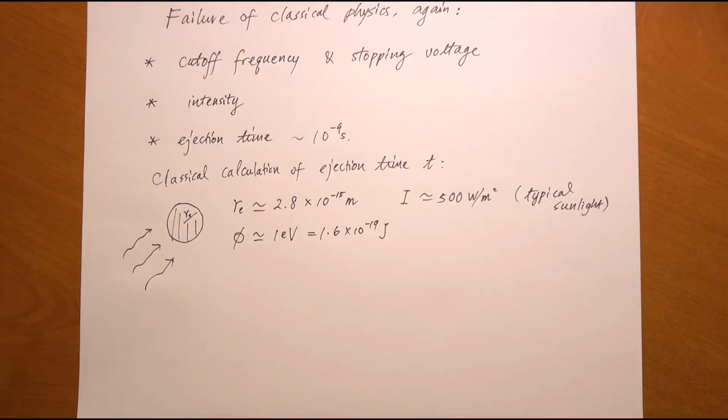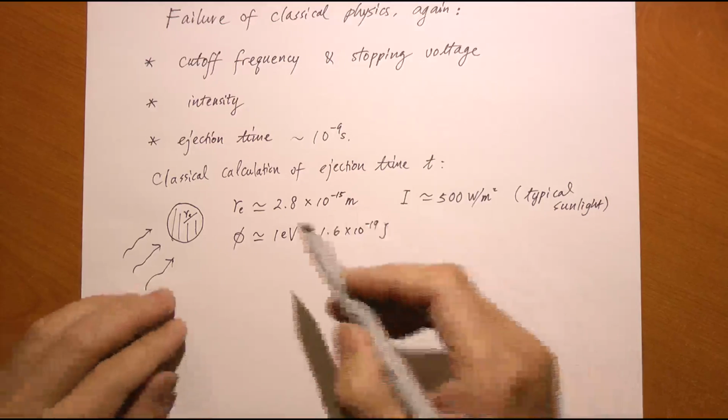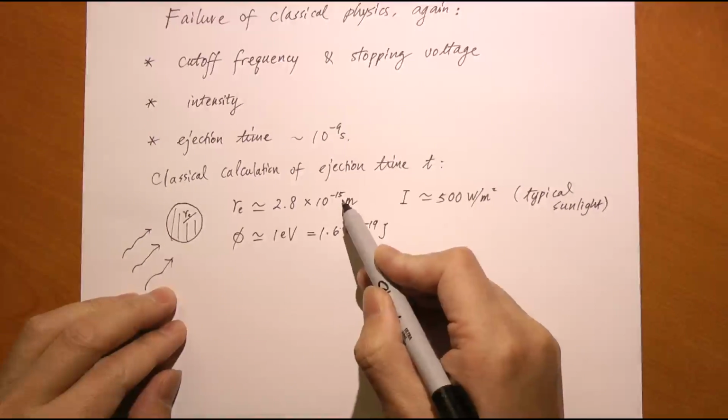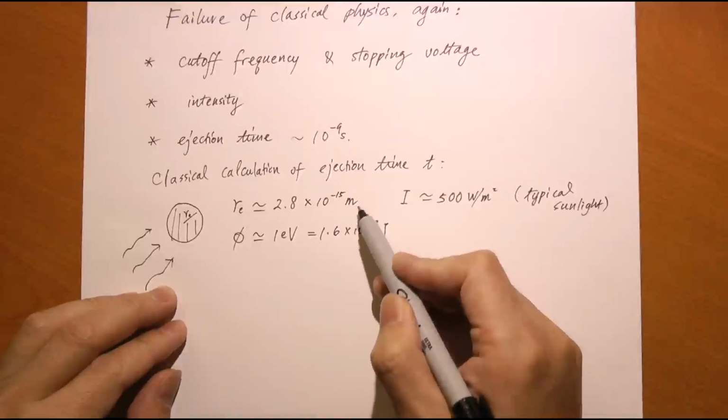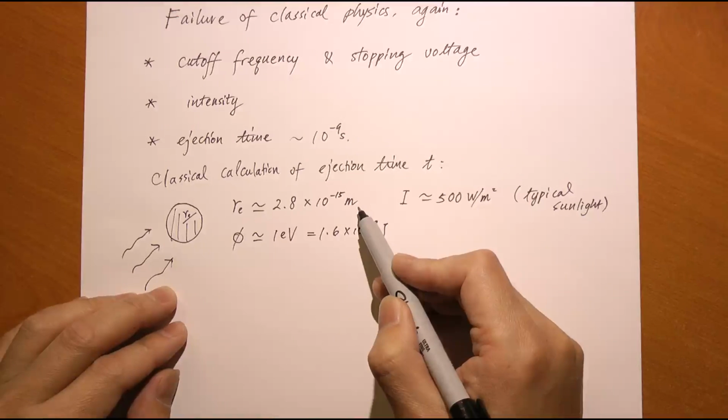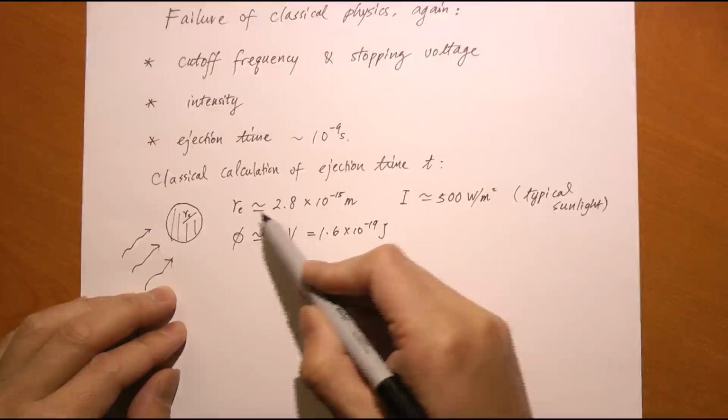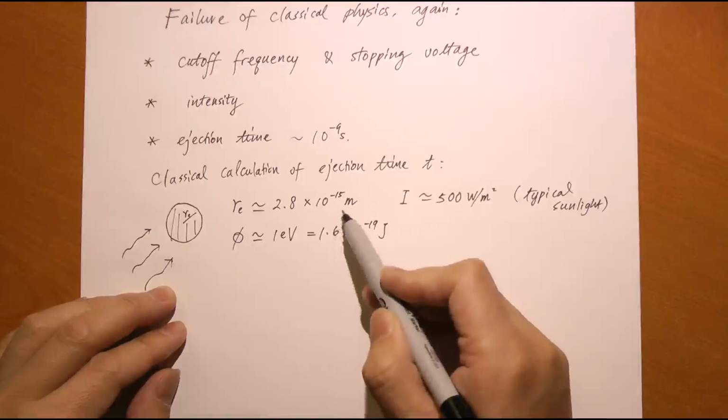From that, he was able to deduce a certain radius, which we call the classical radius of the electron. And that turns out to be 2.8 times 10 to the negative 15 meters, extremely small, as expected. So within classical theory, this is a reasonable estimation of the radius of the electron.